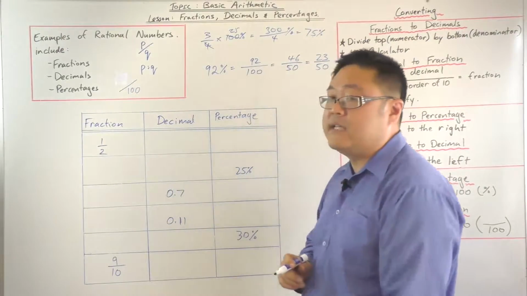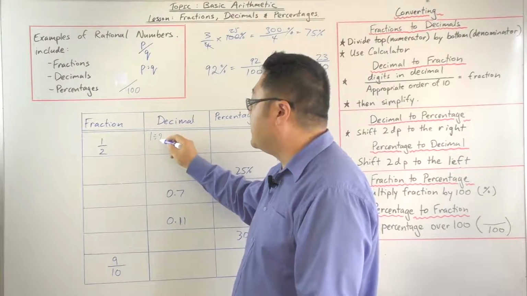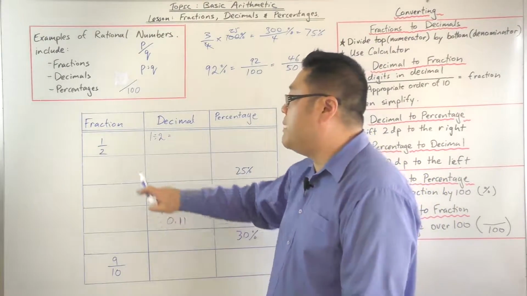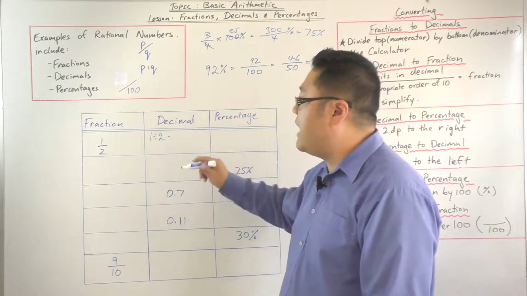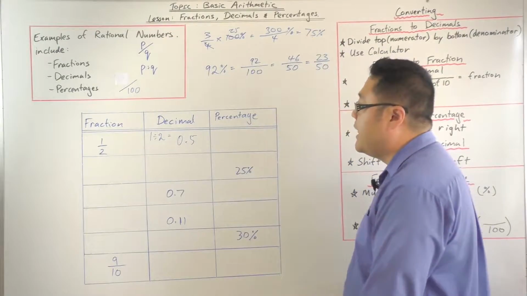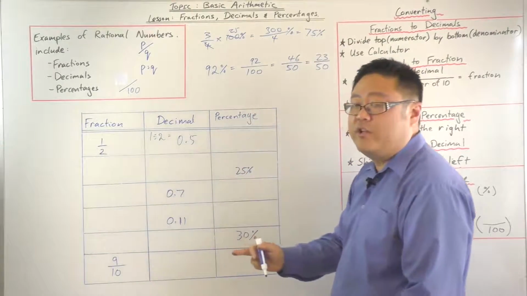How do we convert it to a decimal? Well, what I would do is, in your calculator, 1 divided by 2. All right, or you should be able to remember this fraction as a decimal. A half is 0.5. Yes? All right, as a percentage, what is a half of 100?